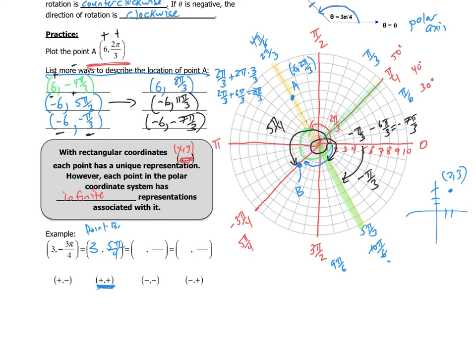That's 180 degrees from -3 pi/4. So if we want a positive angle and a negative r, we have to be on positive pi/4. So I'm going to name this as -3, pi/4. I actually did the last one first.